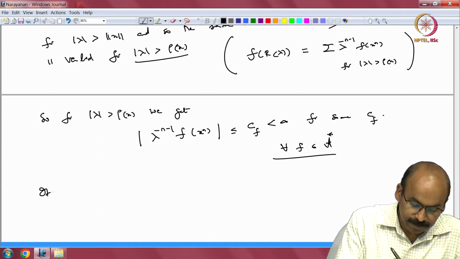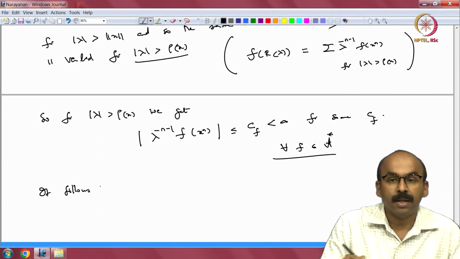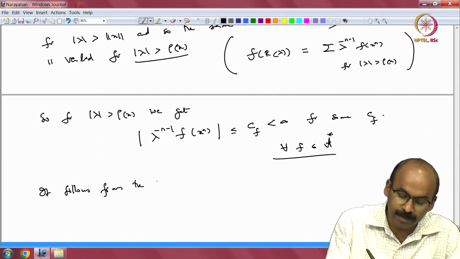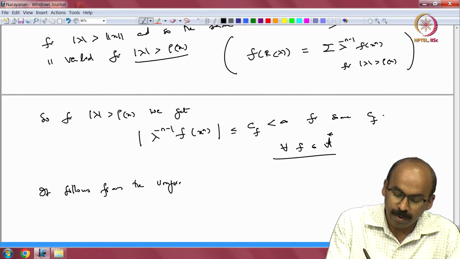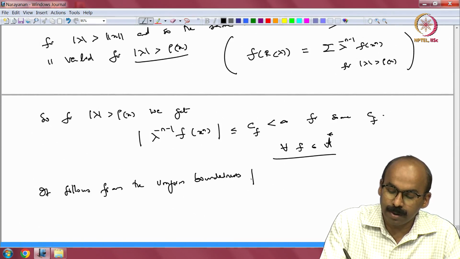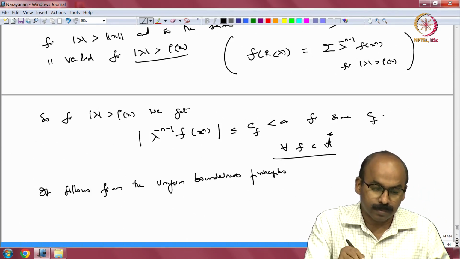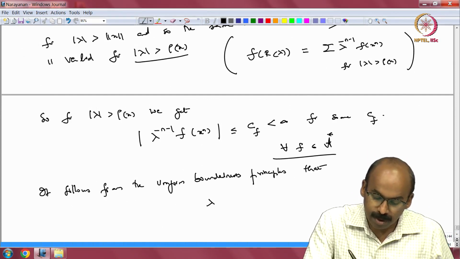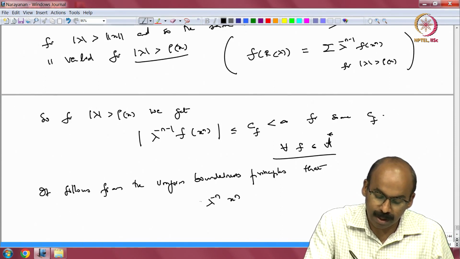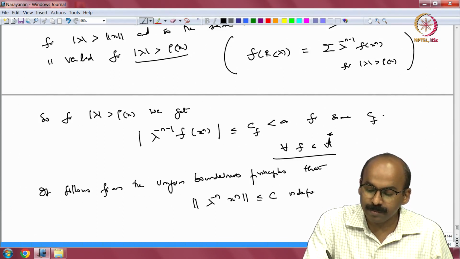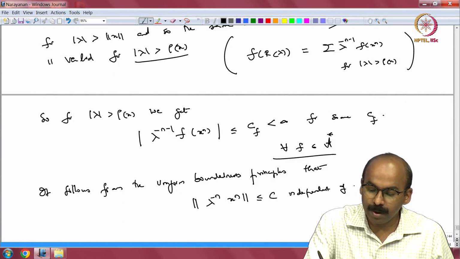So, now we can apply the uniform boundedness principle, right. So, it follows from the uniform boundedness principle, or a corollary to the uniform boundedness principle, that the norm of lambda to the minus n x to the n is less than or equal to C, independent of n, right.